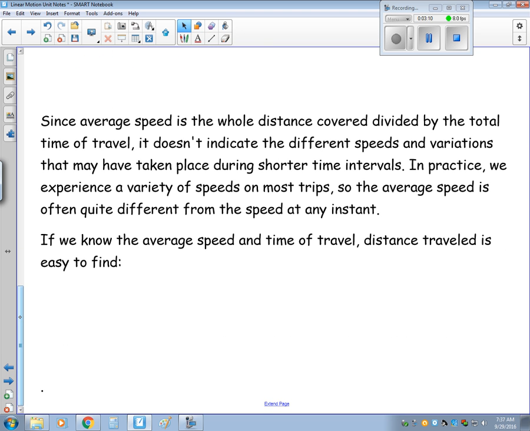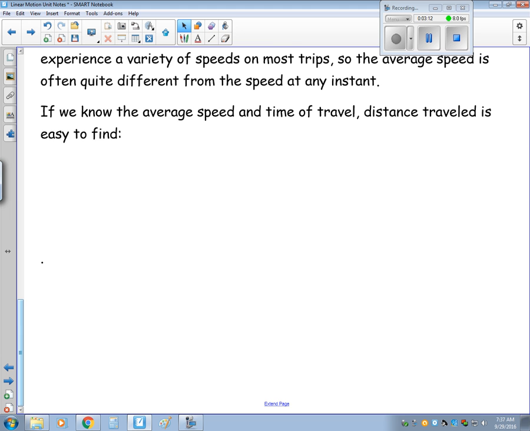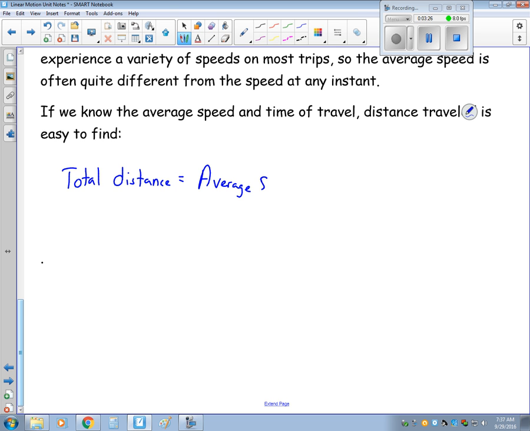Now, if we know the average speed and time traveled, we can then calculate the distance. Or we could use the total distance and the average speed and calculate time.